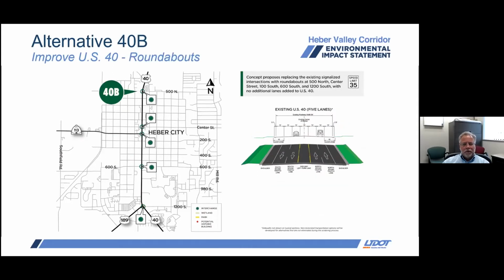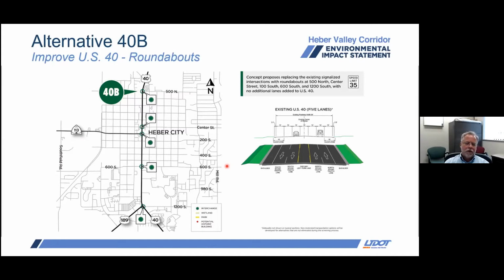Our next alternative is alternative 40B, and for the next few alternatives, we're going to be looking at making improvements to the intersections of US 40. All the intersections on US 40 are expected to operate at failing conditions in the PM peak hour by 2050 if no improvements are made. So this concept would improve mobility on US 40 by making improvements to the intersections.